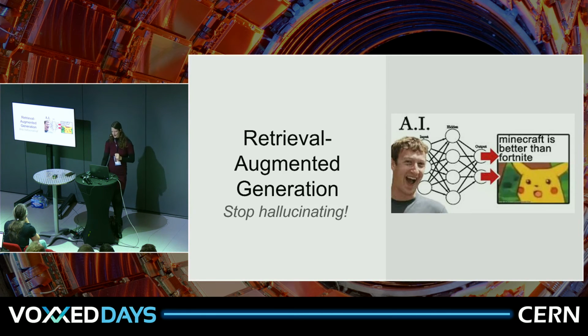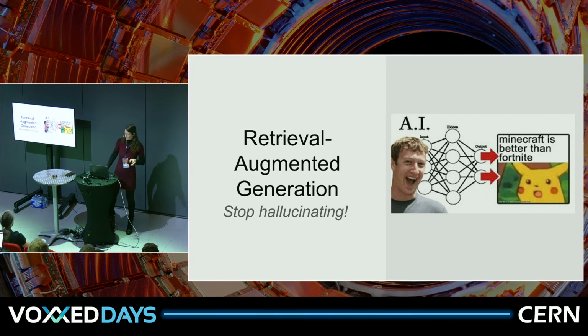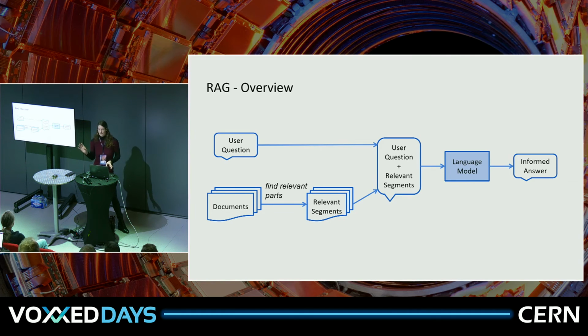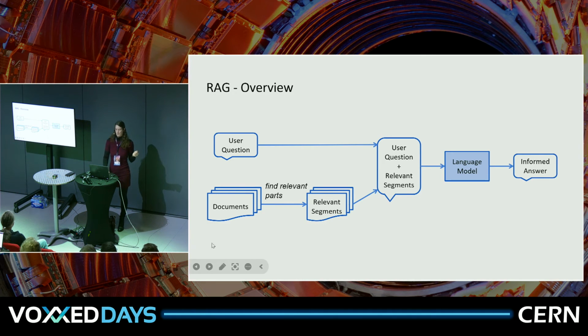Right. Then there's the next thing. If you want to use this in production and you want it to stop saying nonsense and actually know what your company is about, you can give it information from documents that you provide, and it's called Retrieval Augmented Generation. The idea is this: the user asks a question, and instead of only using the LLM's knowledge from the internet that it was trained on, you want to feed it some documents and get that information.